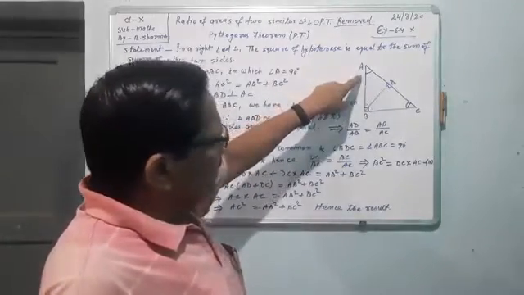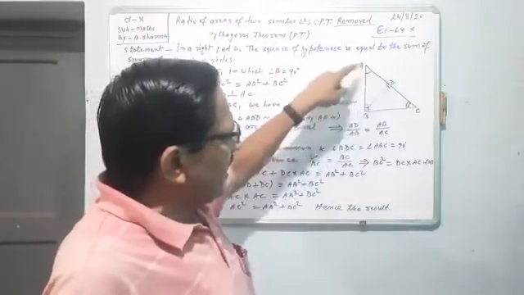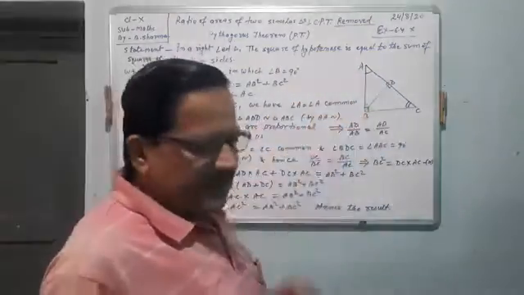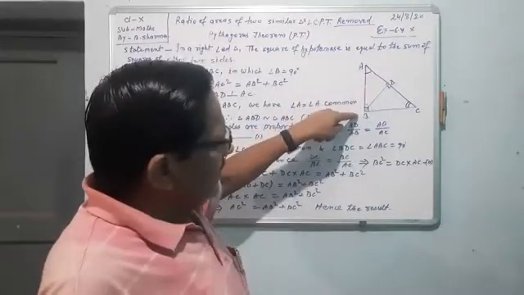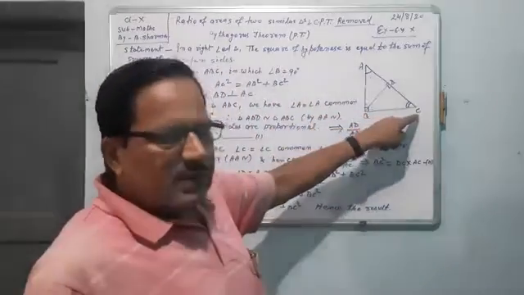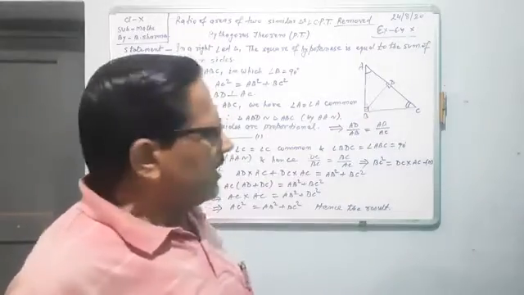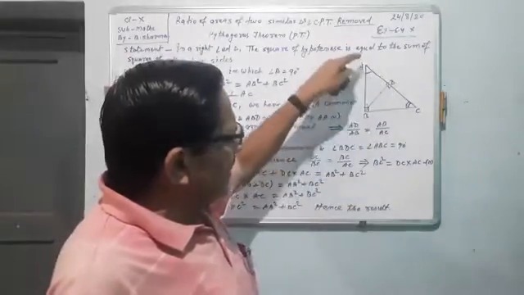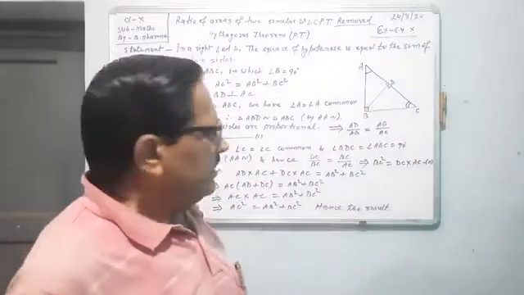Angle A is common in both triangle ABD and ABC. Angle ADB equals angle ABC equals 90 degrees. Therefore, two angles of triangle ABD and triangle ABC are equal.